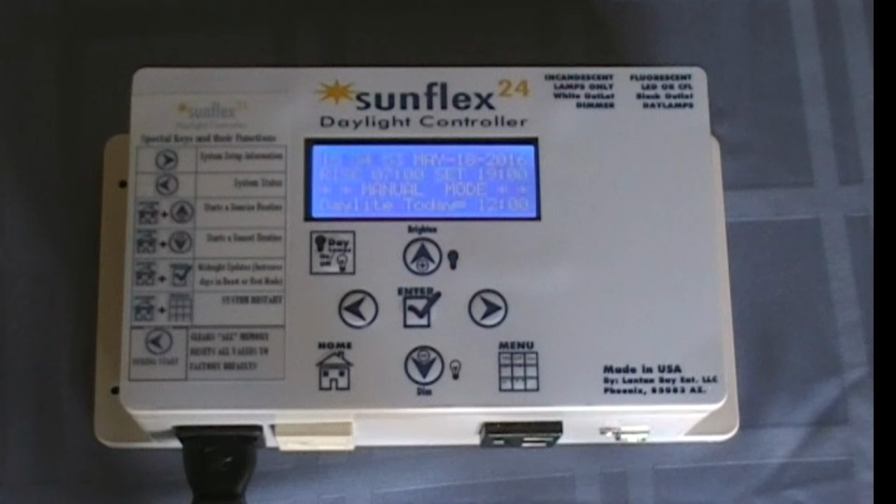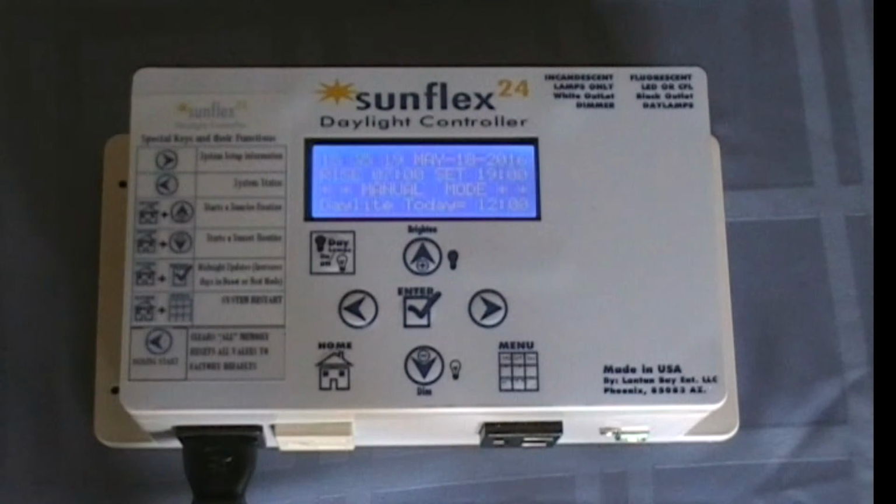Scenario 2. The lights go off. The power is lost at 11 o'clock at night, and the power is not restored until 3 o'clock in the morning. Again, if the night lights are on, the night lights will come back on. If there is no night light level set, the lights remain off.